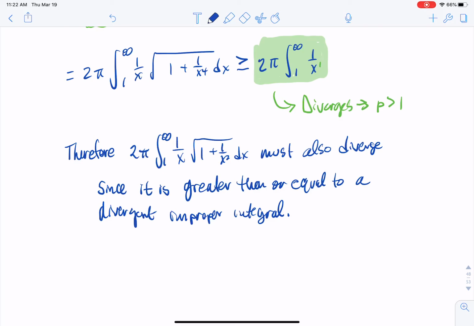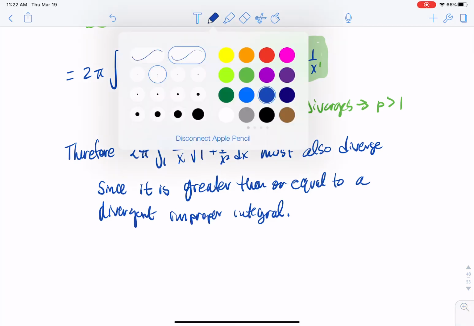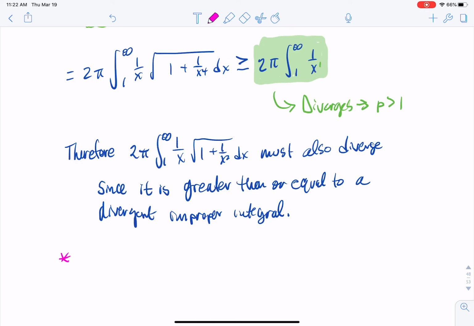What the heck does all of that mean? It means that Gabriel's horn has an infinite surface area.